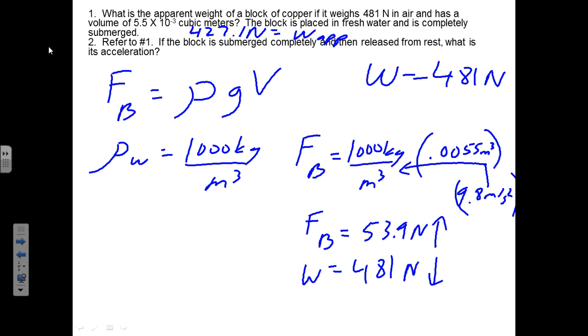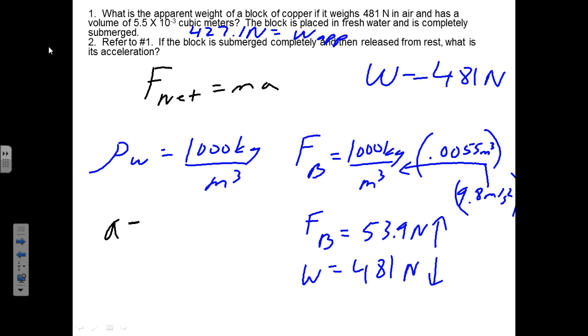Next thing we want to know: if the block is submerged completely and then released from rest, what's its acceleration? Well, this is where we just go back to Newton's second law. We can find acceleration using F net equals ma, which means a equals the net force divided by the mass.